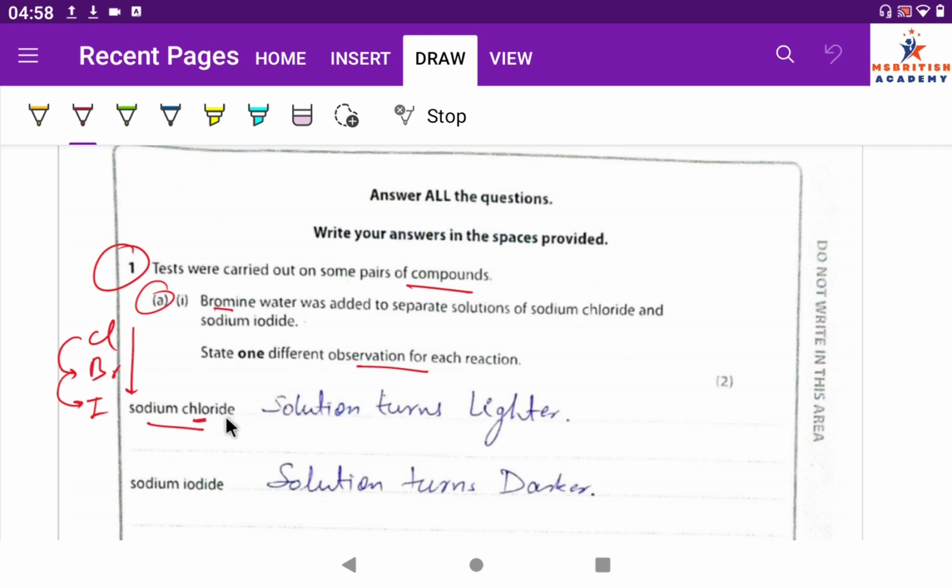And when bromine water reacted with sodium iodide, bromine reacts with iodide and its color becomes darker.